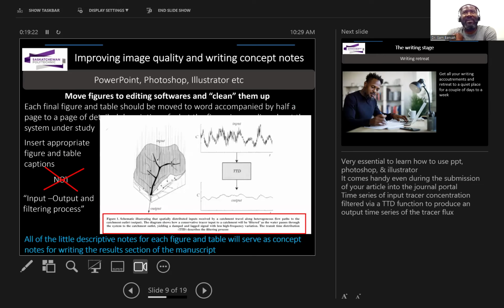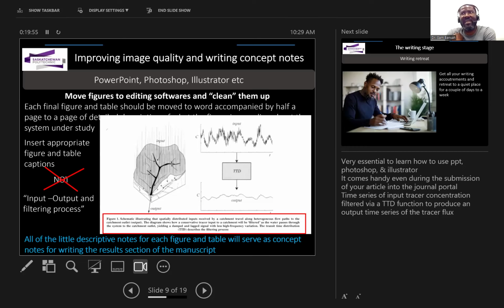Figure 1, schematics illustrating that spatially distributed inputs received by a catchment travel along heterogeneous flow paths to the catchment outlet. The diagram shows how a conservative tracer input to a catchment will be filtered as the water passes through the system to the catchment outlet, yielding a damped and lagged signal with less high frequency variation.